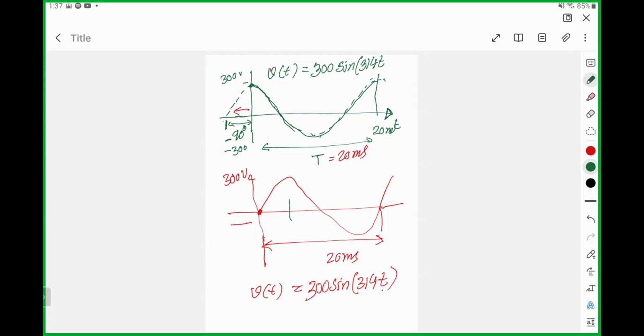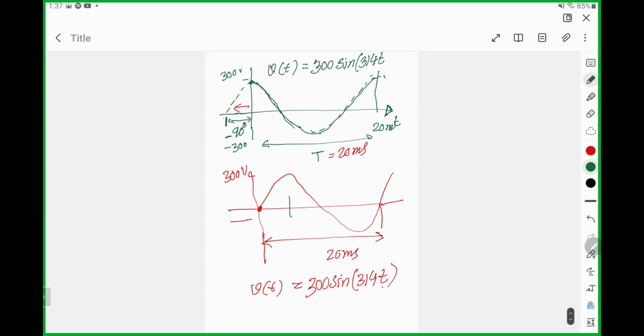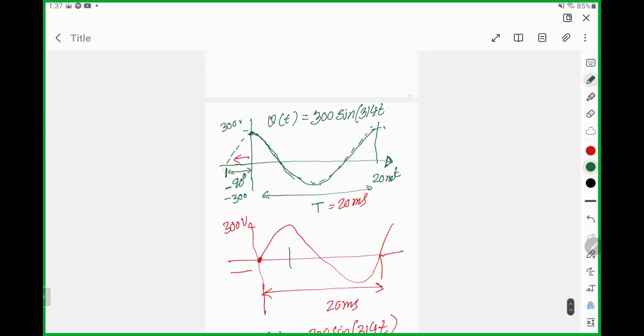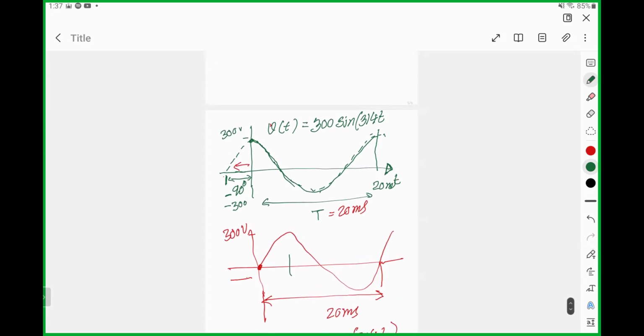So I have to somehow tell my equation that the 0 is not at 0, it has been shifted to the left. So how can I do that? Mathematics is a language. Instead of writing that it has shifted to the left, I have to express it mathematically. How can I express mathematically that it has shifted to the left?